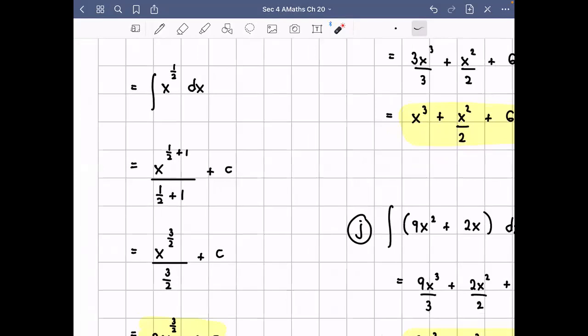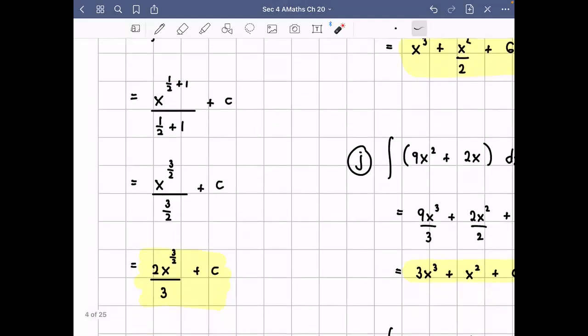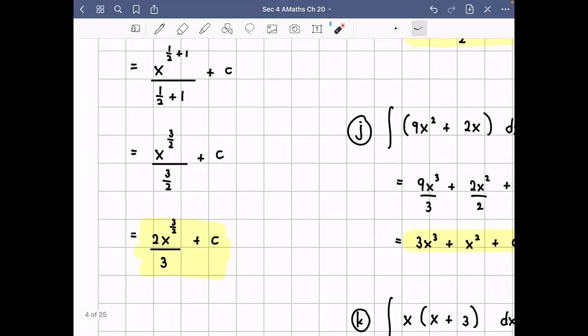So x raised to 1/2 plus 1, and your denominator is also 1/2 plus 1, plus c. Don't forget the plus c. Basically 1/2 plus 1 gives you 3 over 2, and your denominator is also 3 over 2. So your final answer here is 2x raised to 3 over 2, over 3.